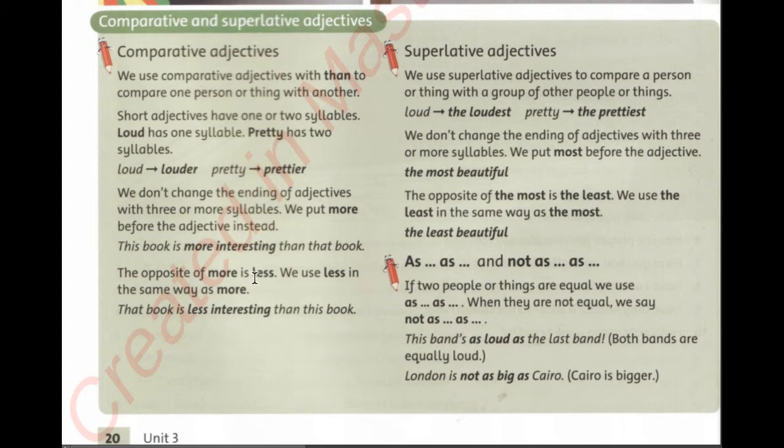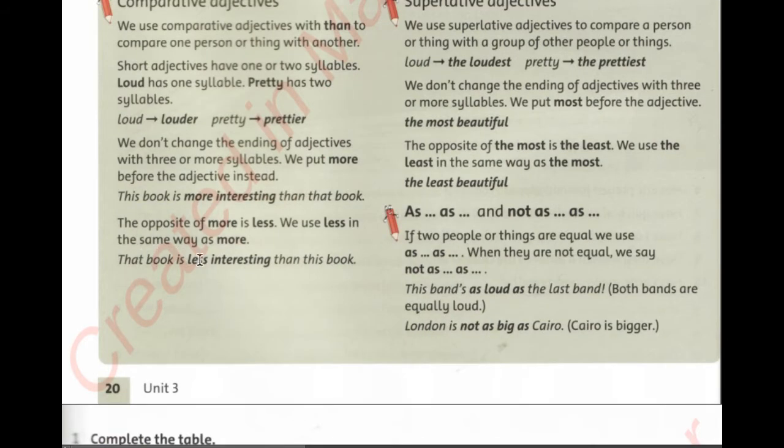Handsomer is not really a word that goes over my tongue, so I would say more handsome. But with other words with two syllables, we can always use er, or more or less. Okay, so here is an example. That book is less interesting than this book.